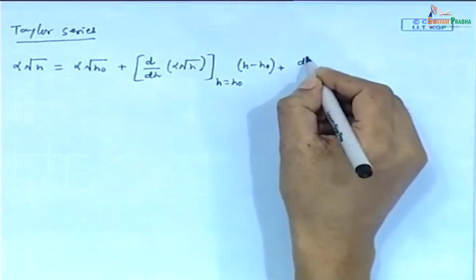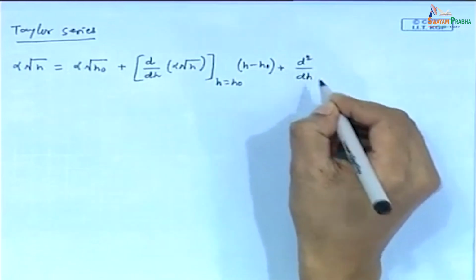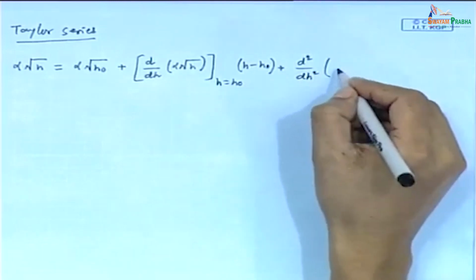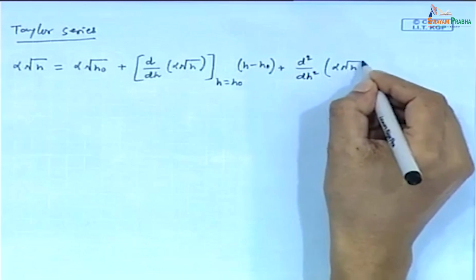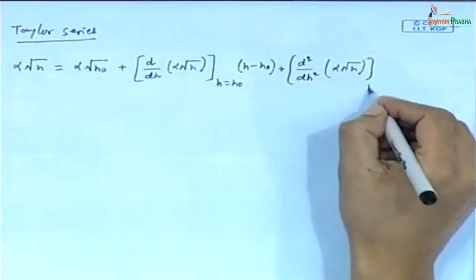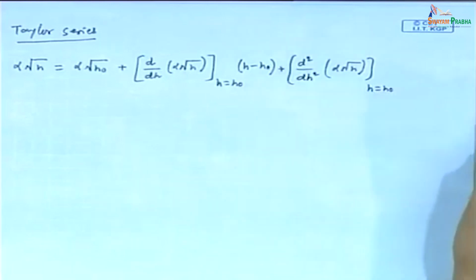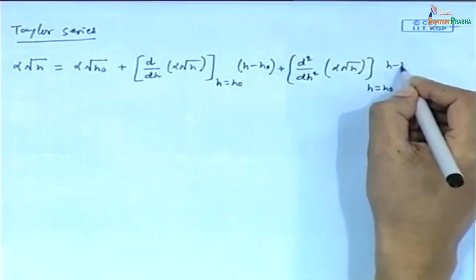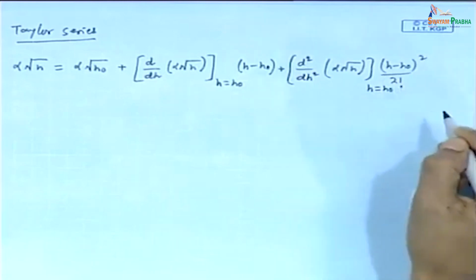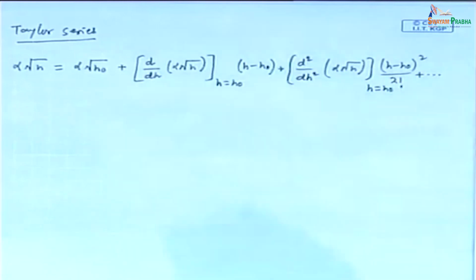Similarly, the second term, the second derivative at h equals h naught, multiplied by h minus h naught whole square divided by factorial 2.